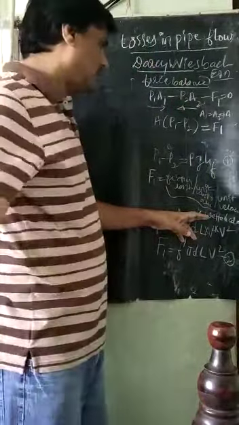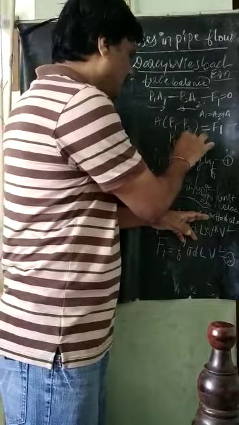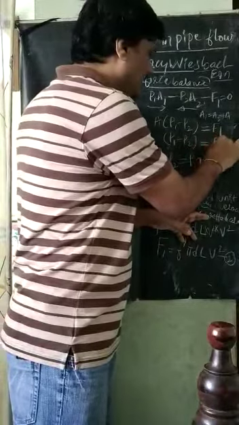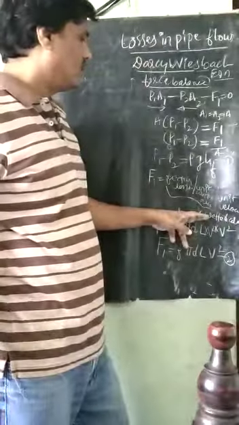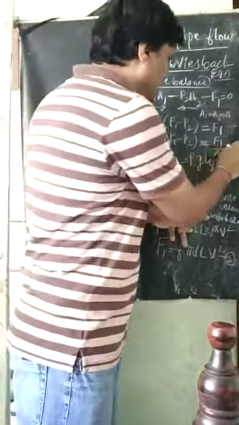Now I will write this relation for P1 minus P2, which is equal to capital F1 divided by A. This is the relation I am getting here.